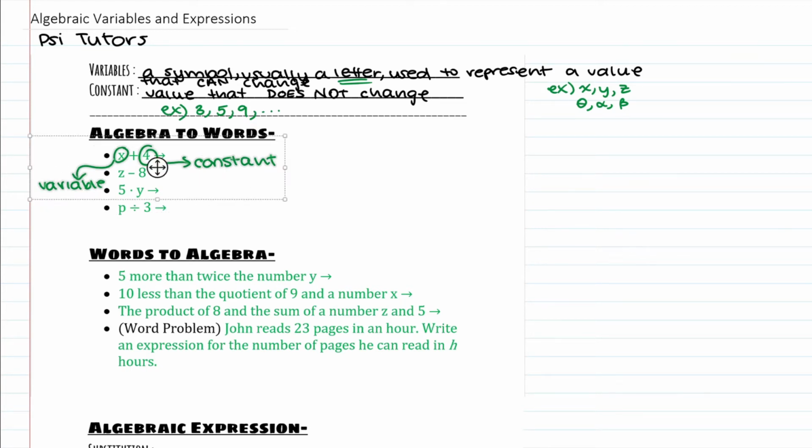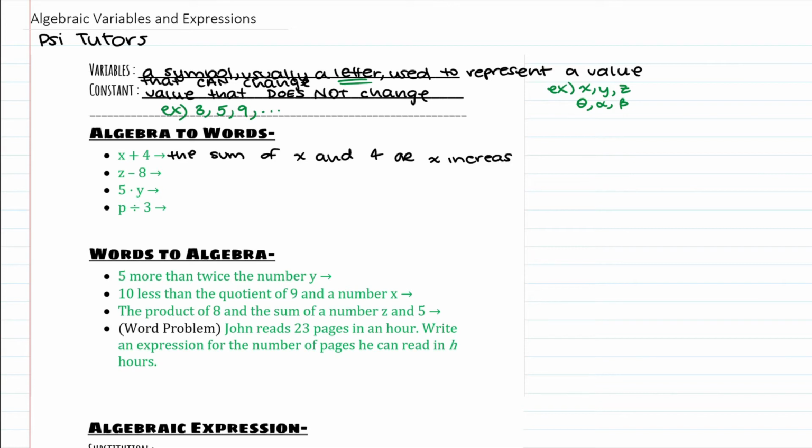Let's just get this out of our way. Okay, now let us turn algebra into words. So over here we see x plus 4. Now you could say this as the sum of x and 4, or x increased by 4.